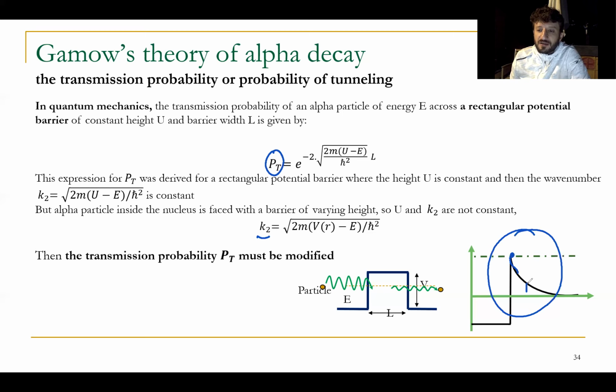We have the potential barrier, and from here to here V will decrease. So for each value of r we have a value of V. Then Pt must be modified. We have to modify this Pt to apply it to our case.